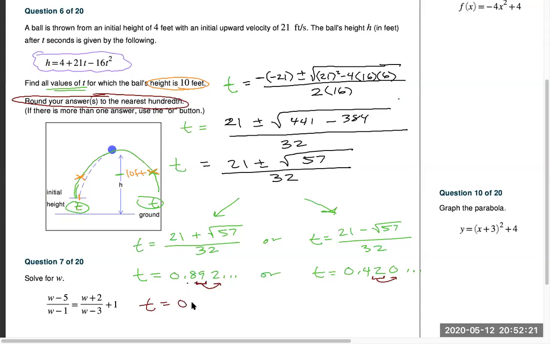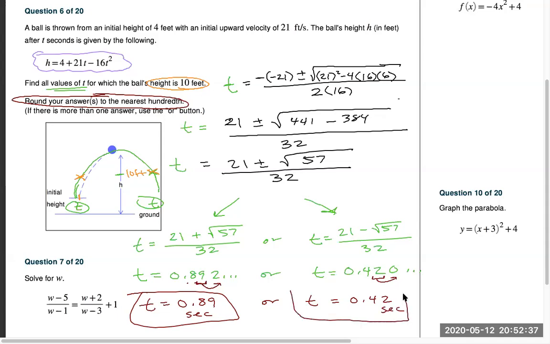So this one's going to stay at 0.89. Don't forget your units, seconds. And 0.42 seconds. So essentially this first time would be 0.42 seconds after the ball is thrown. And then the second time would be 0.89 seconds after the ball is thrown.